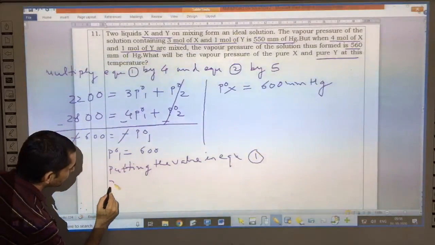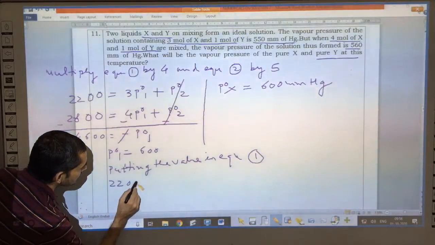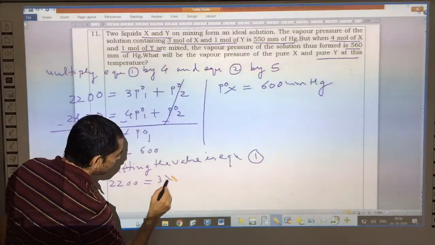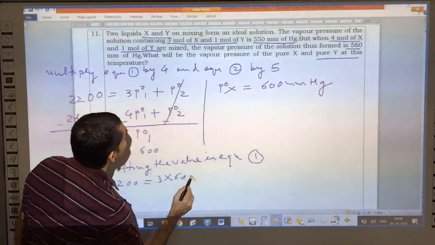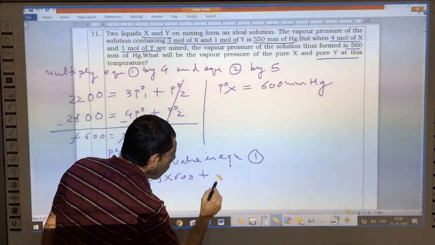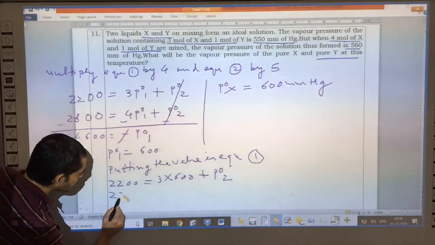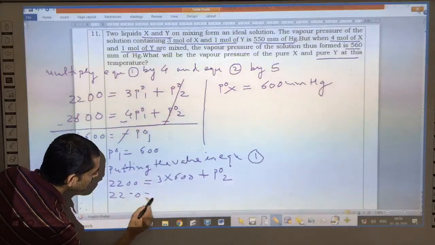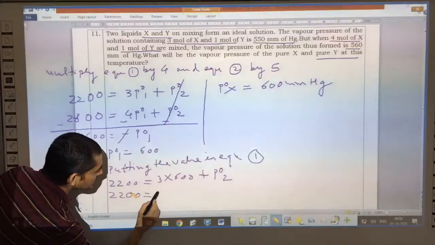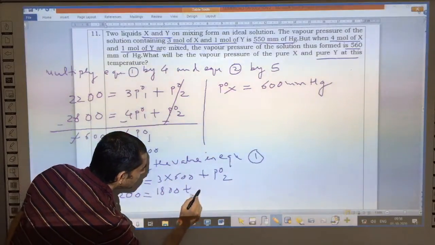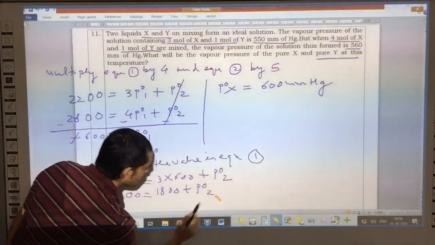You will get 2200 is equal to 3 multiplied by 600, which is 1800, plus P02.